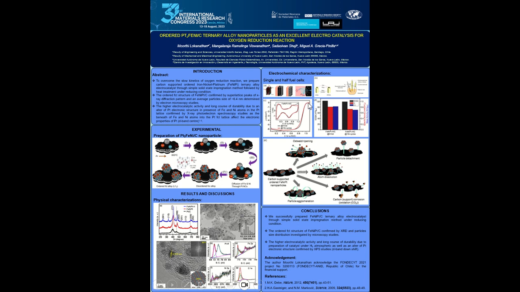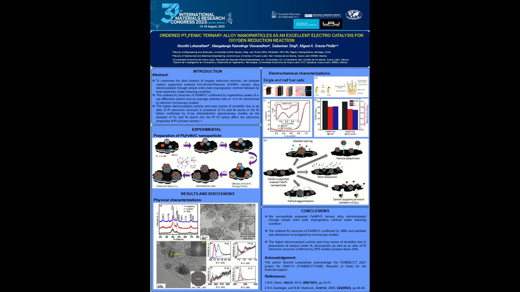Then we run the linear sweep voltammogram. From the linear sweep voltammogram, we calculate the kinetic current with the help of the Koutecky-Levich equation. From the kinetic current, we calculate the mass and specific activity.